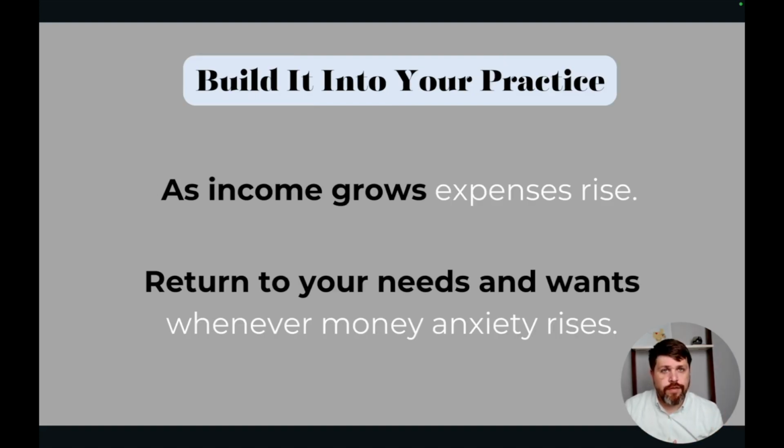One thing that you will find as your income grows in your private practice is your expenses will rise. At some point, they may rise faster than the income. If that ever happens, it's important to return to that needs and wants worksheet and evaluate: is my regular spending going to the needs and wants that I have in that worksheet? If not, we can rewrite it.